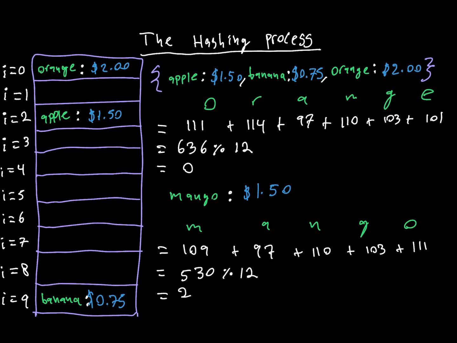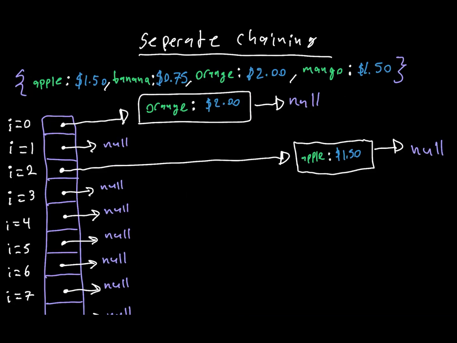Uh-oh, we already have a key value pair stored at index 2. So we don't want to override this and lose the data associated with Apple. This is a collision. A collision is due to our hashing function having a poor distribution. But don't worry, there is a solution around this.